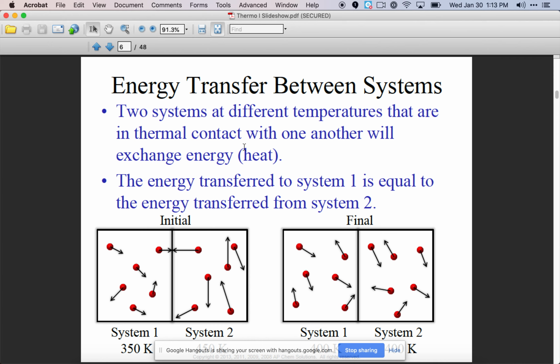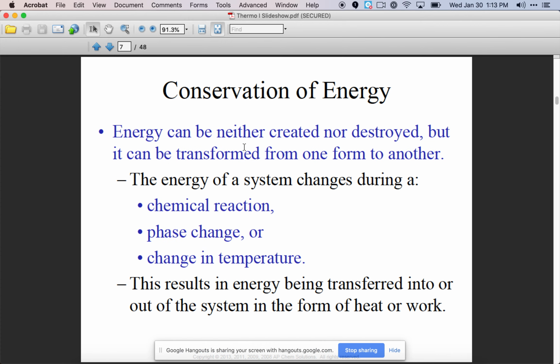Now notice they show you an example where one side is colder than the other, and as a result, when they come together, they start sharing or transferring their energy in the form of heat, okay? Does anybody have any questions on this slide? Okay, if I don't hear from you, I'm just going to move on. I'll give you a moment to chime in, but if you don't say anything, I'm just going to move on.